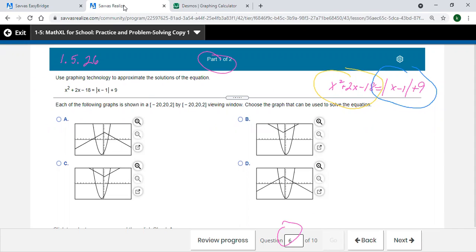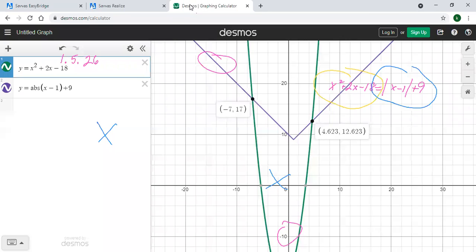The absolute value was opening up. So if I'm looking at it correctly, that means this is out and this is out. So I'm looking at the vertex right here or the vertex here and seeing which of those had them on the right side for the graph that we had in Desmos.